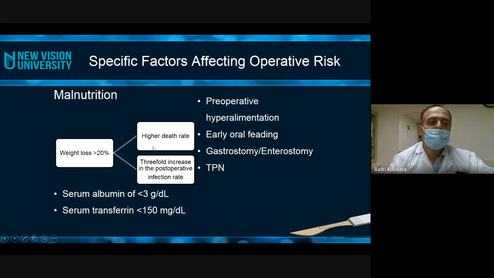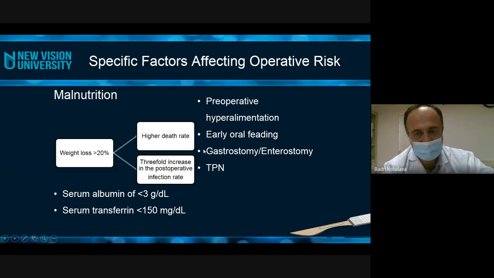Okay, now how to compensate malnutrition, how to decrease the operative risk caused by malnutrition. It is hyperalimentation. What does that mean? We must give the patient more calories than necessary. This is called hyperalimentation. But how can we give calories? First of all, of course, it is oral feeding. But if it is not possible because of the patient's condition, the patient's disease, then it is possible to insert a feeding tube in the stomach.